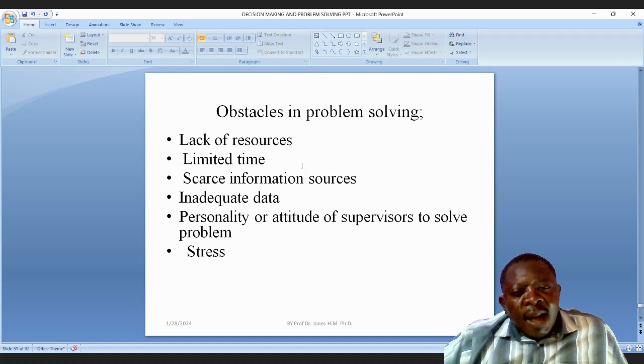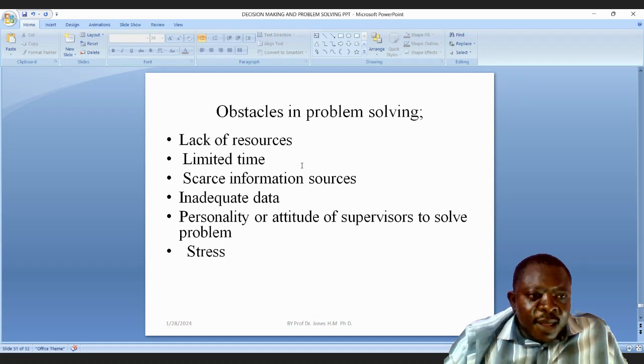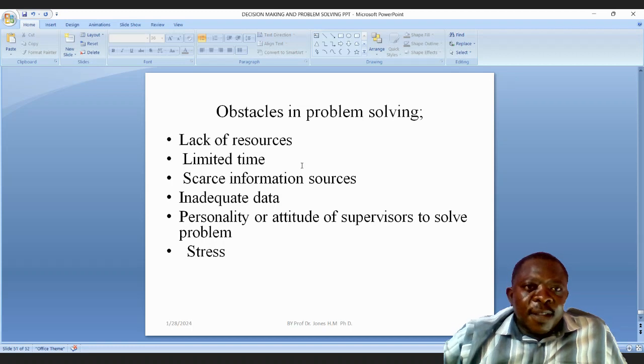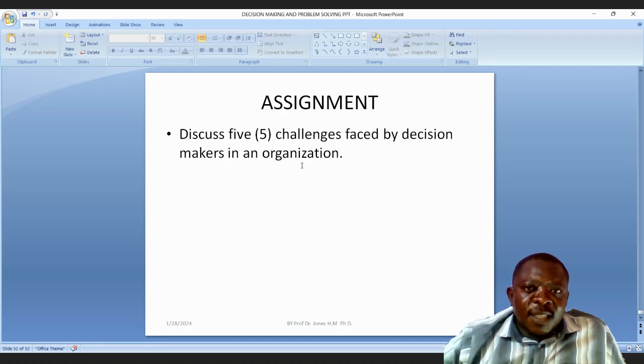Whilst making a decision, decisions are made, but it does not mean that when decisions have been made, then the problem has been solved. Let me give you an assignment to look at five challenges that are faced by decision makers in an organization. For this assignment, you find answers within my Jones HM app, where I've collated challenges that are faced by decision makers.